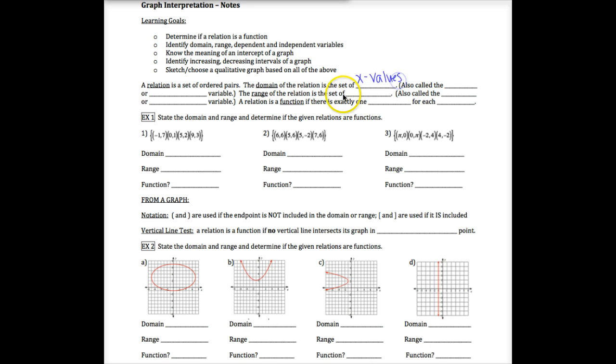And x values, we need to know, are also called the inputs. And because we're doing a lot of applications to real life situations and we're not always using x's and y's, we know that x is also called the independent variable.